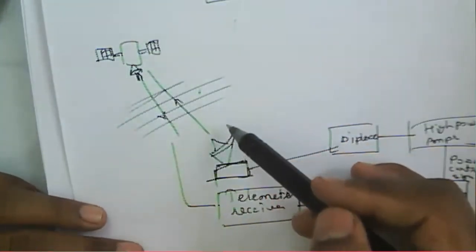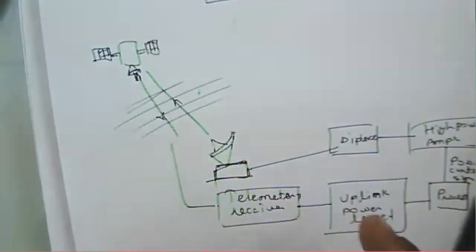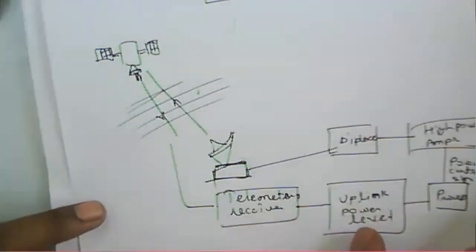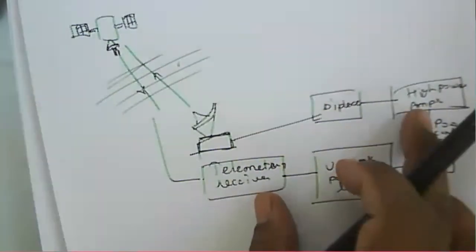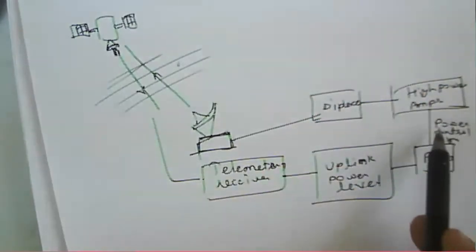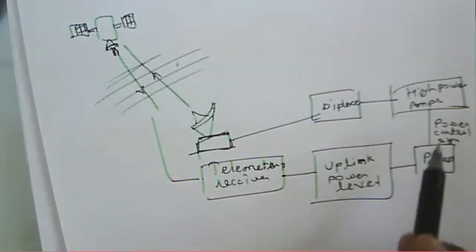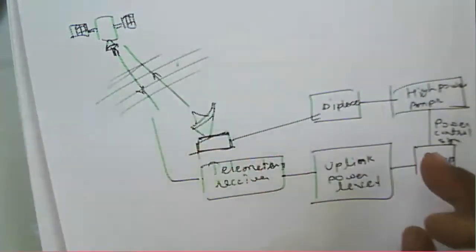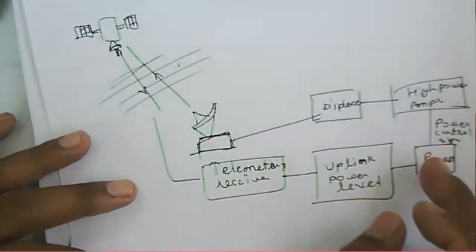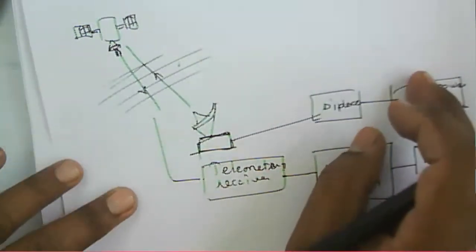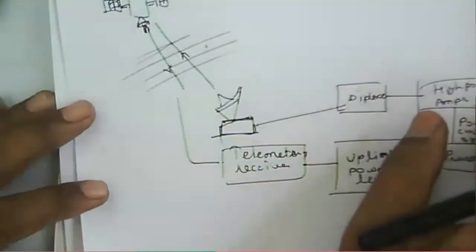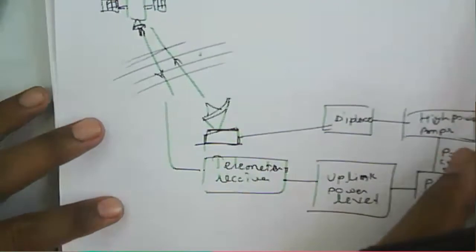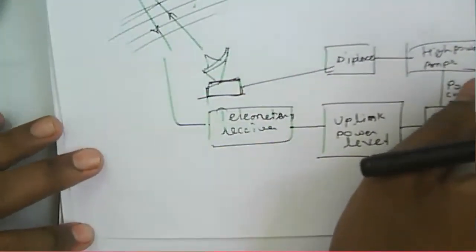Because of that delay, whatever the requirement for the high power control, the processor could not transmit the signal at that particular instant, or could not generate that high power at that instant.